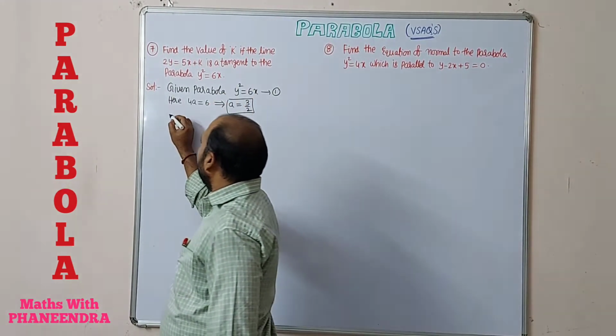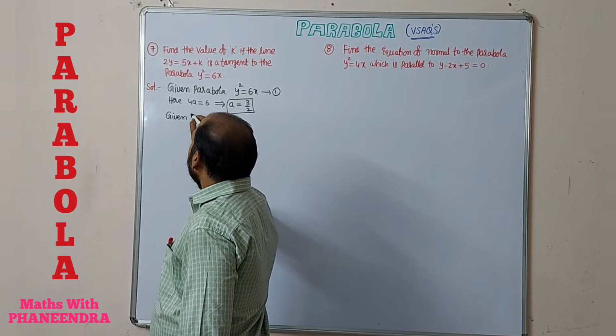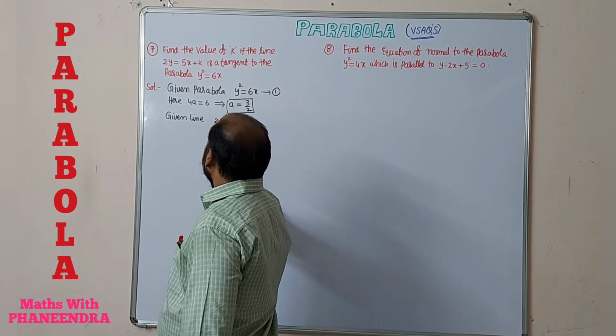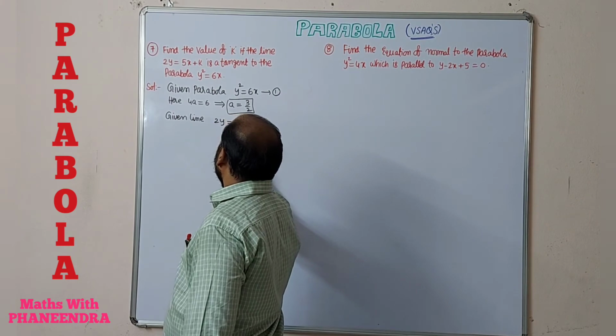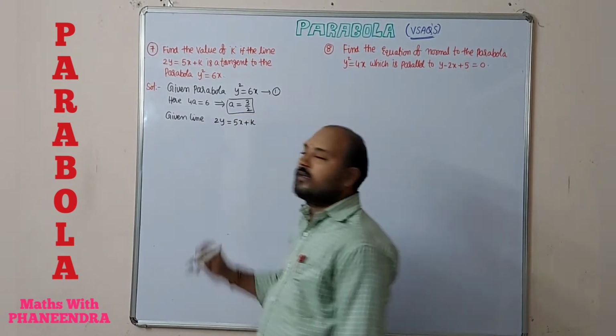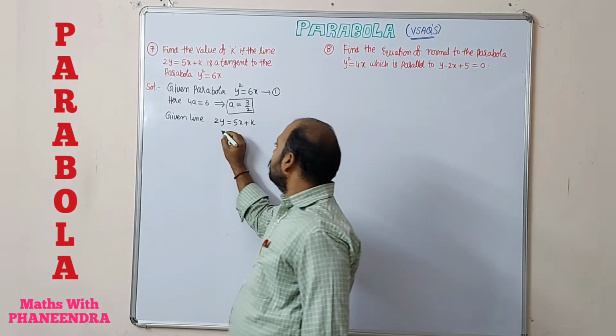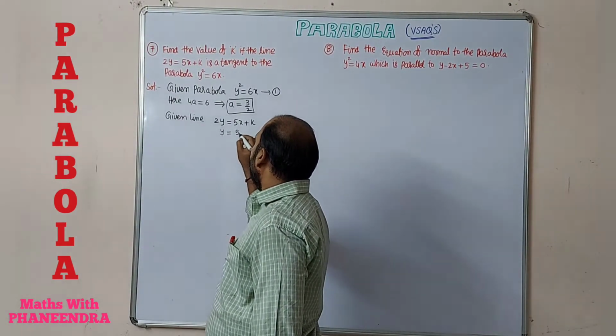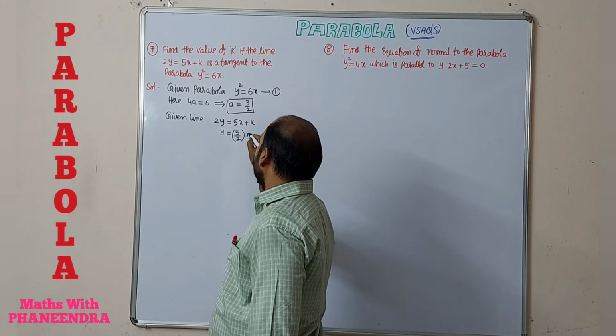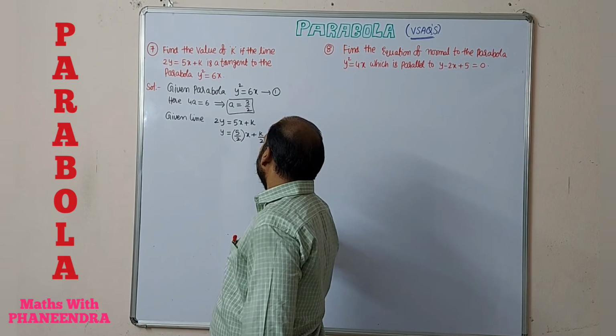Next, given line 2y is equal to 5x plus k. So dividing by 2, y is equal to 5 by 2 into x plus k by 2.